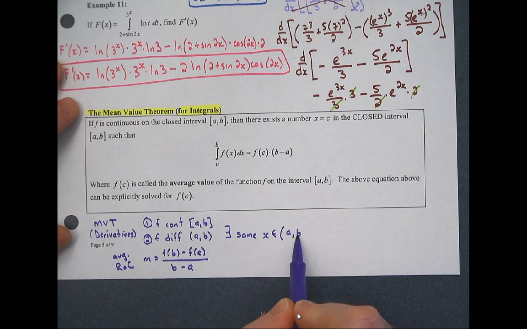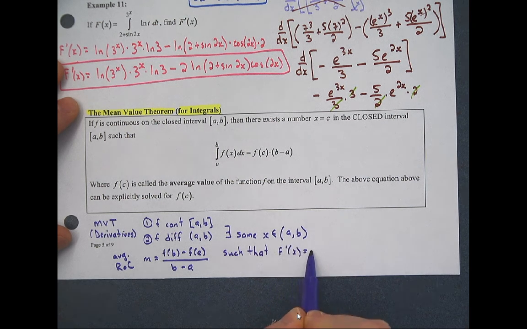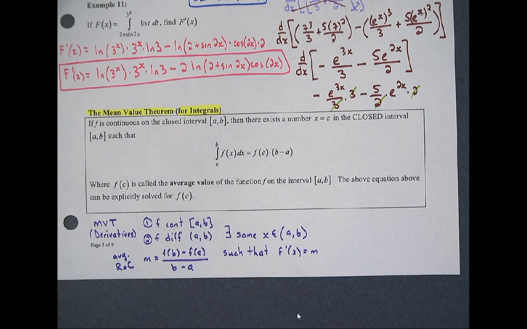There exists some value in here such that f prime of x is equal to that slope. So there's some place in there. If the average rate of change was 75, like I said, then there had to be some time on your trip that you were going 75 miles per hour.